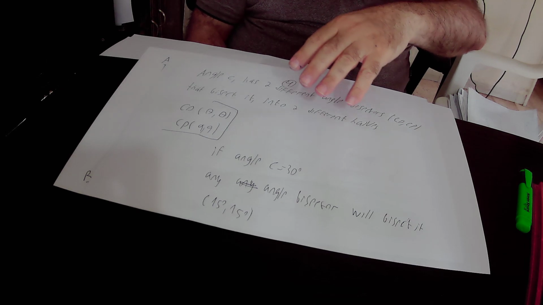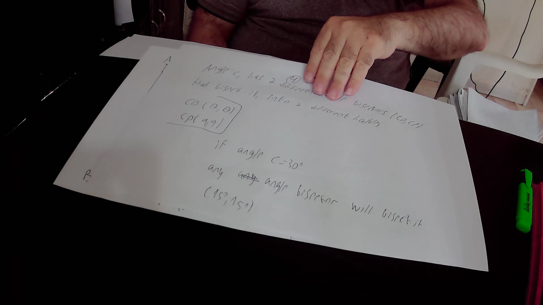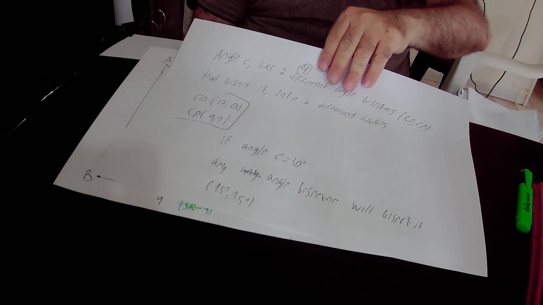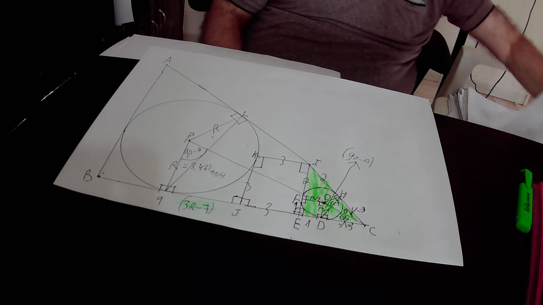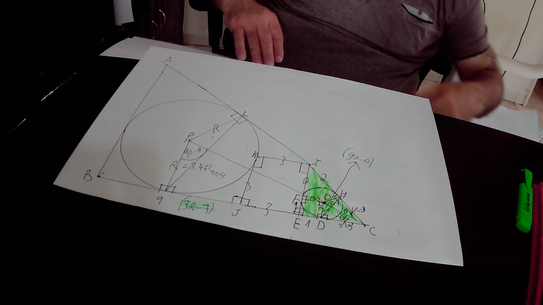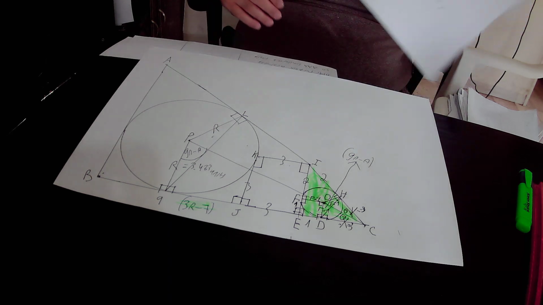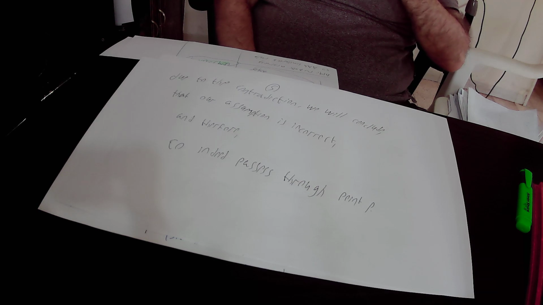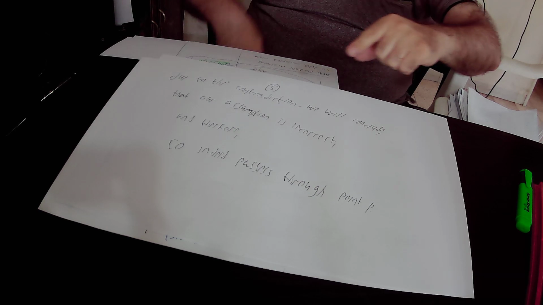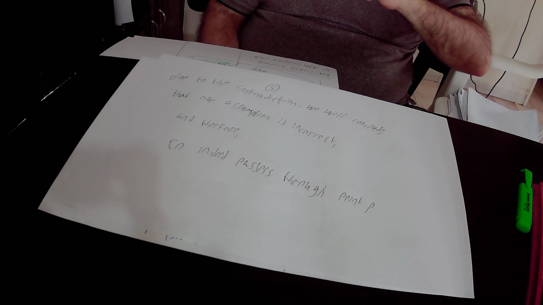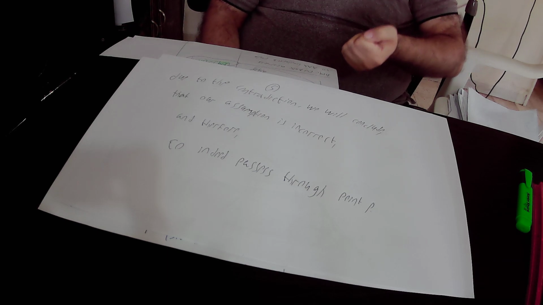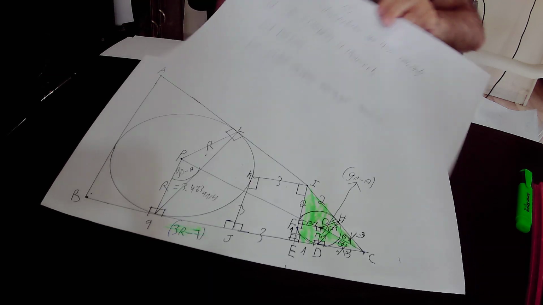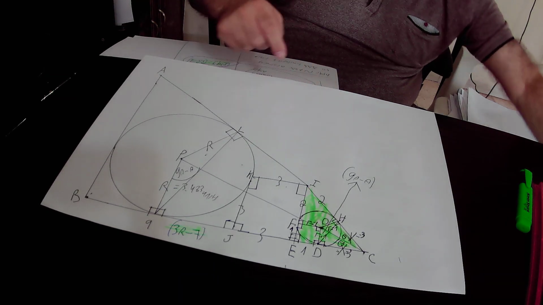And so here, due to the contradiction, we must conclude that our assumption is incorrect, and therefore CO indeed passes through point P. CO passes through point P.